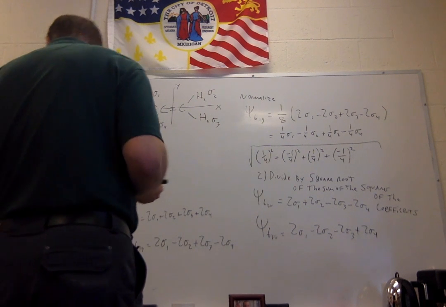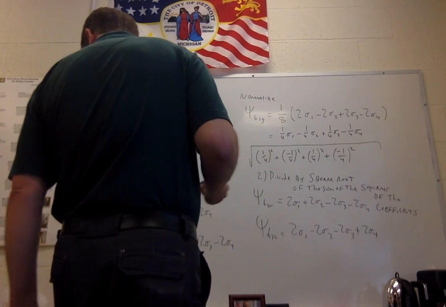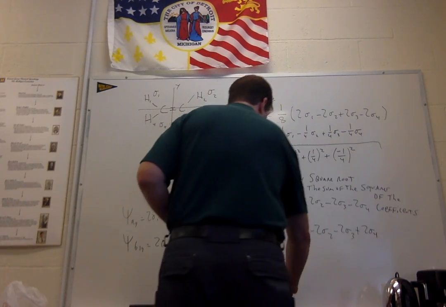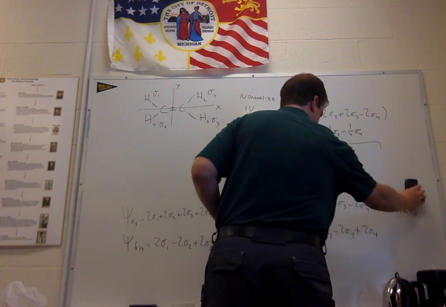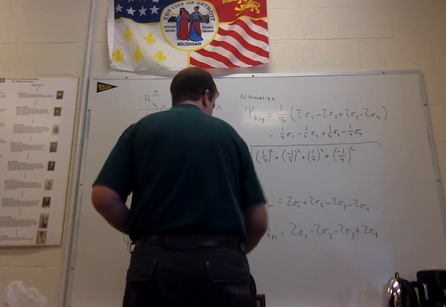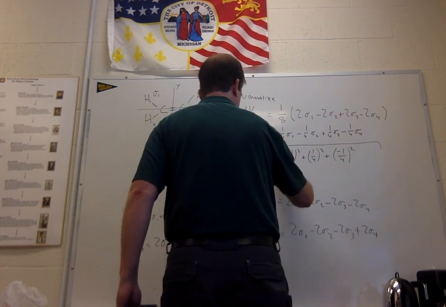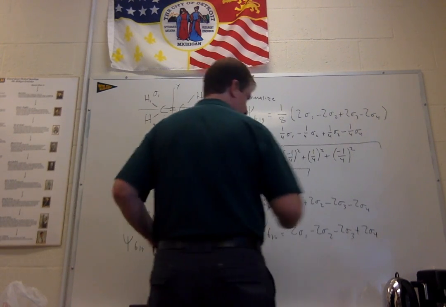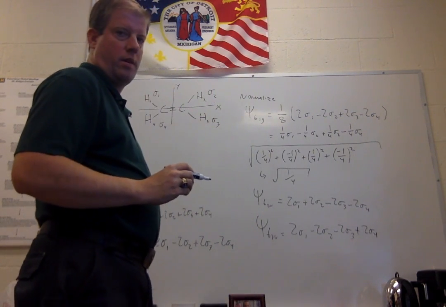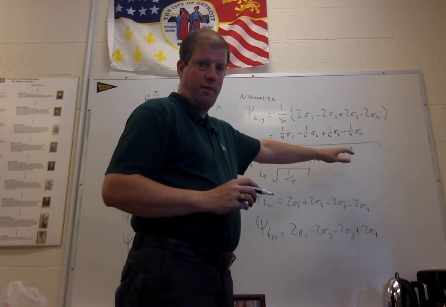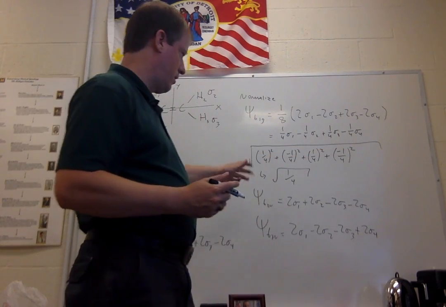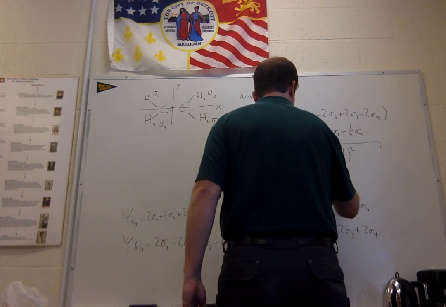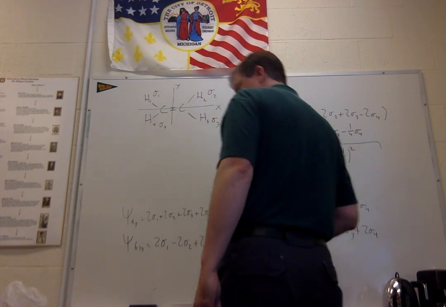And when you do, you're going to find that that is the square root of 1/4. This gives us 4/16, which is 1/4. Take the square root of that. That's 1/2.